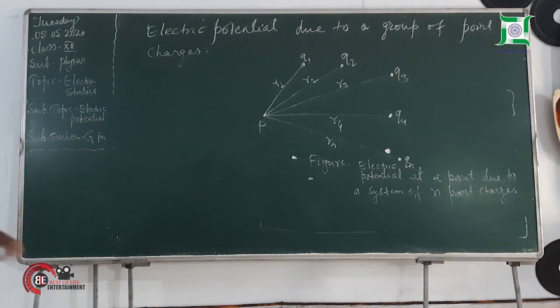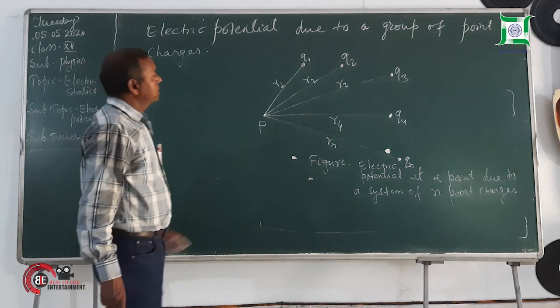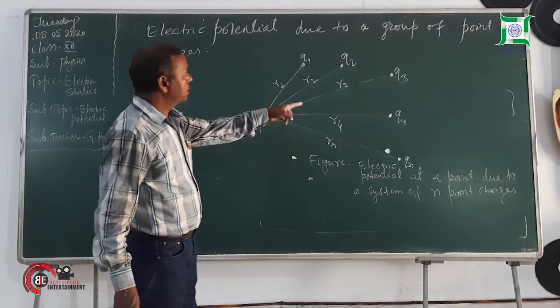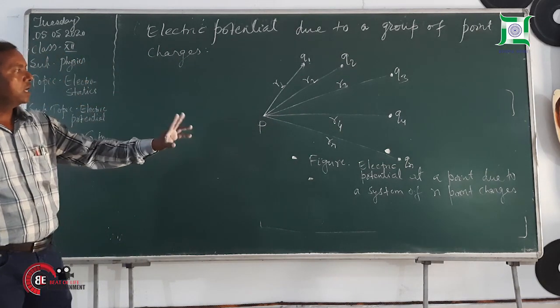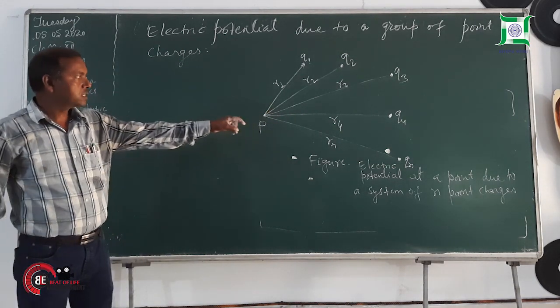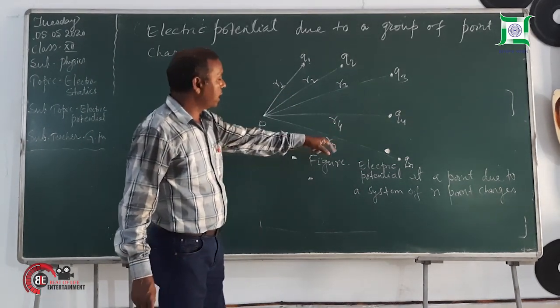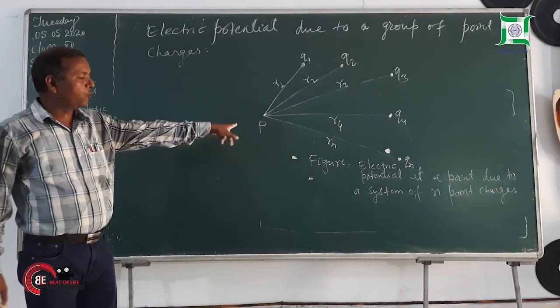The figure is clear. Q1, Q2, Q3, Q4 and Qn are n point charges at the distances r1, r2, r3, r4 and rn respectively from the point P.